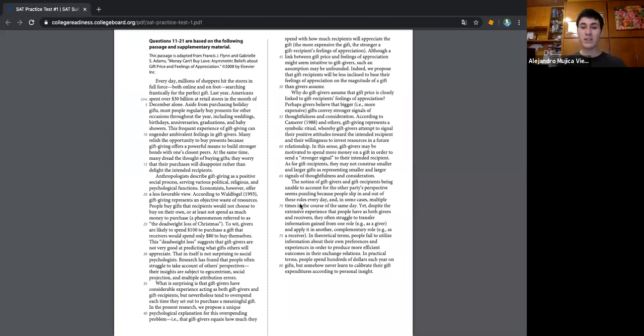Yet, despite the extensive experience that people have as both givers and receivers, they often struggle to transfer information gained from one role as a giver and apply it to the other, complementary role as a receiver. In theoretical terms, people fail to utilize information about their own preferences and experiences in order to produce more efficient outcomes in their exchange relations. In practical terms, people spend hundreds of dollars each year on gifts, but somehow never learn to calibrate their gift expenditures according to personal insight.